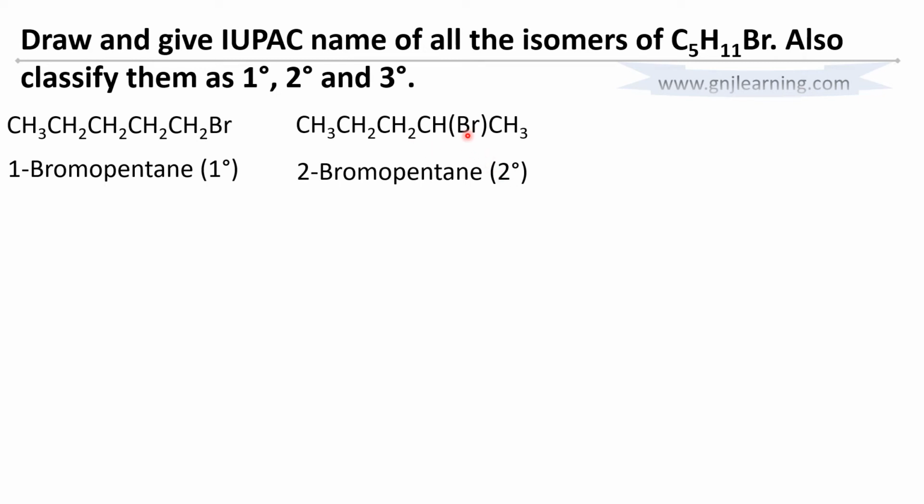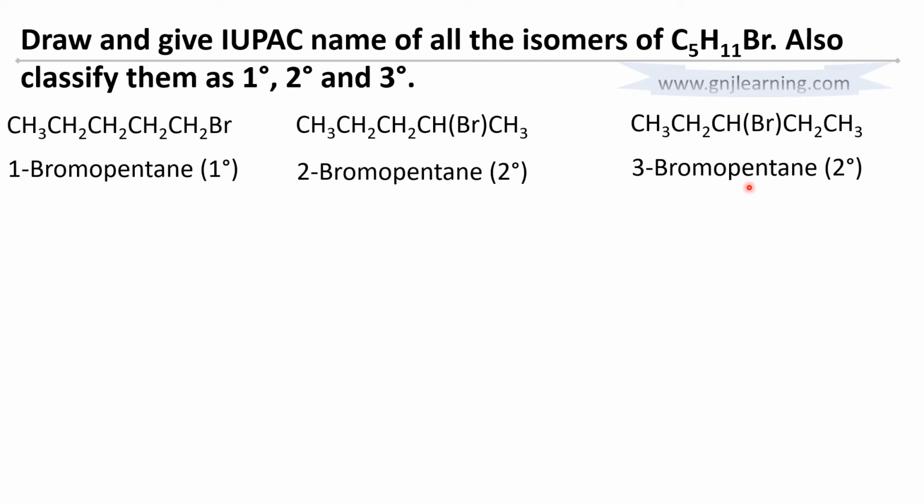Clear? Now, if I move bromine again to this side, will I get a new compound? Yes. I have moved bromine one more place to the left, so I have 3-bromopentane and again secondary, because this carbon is attached to two other carbon atoms.